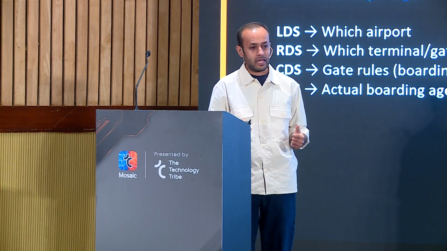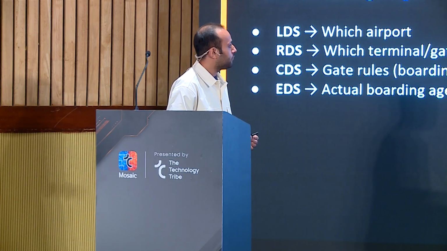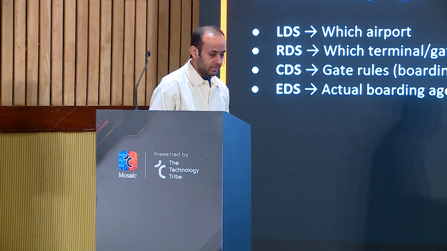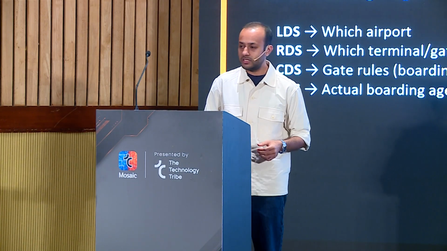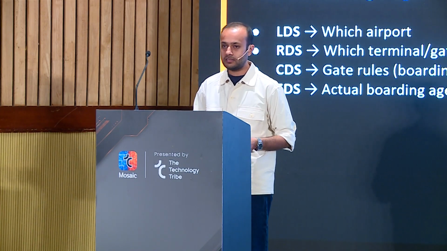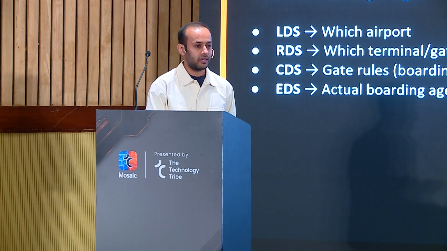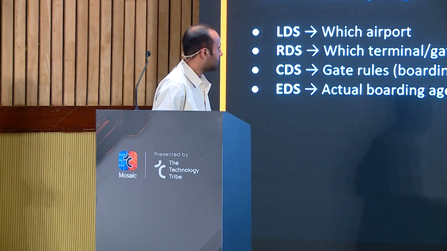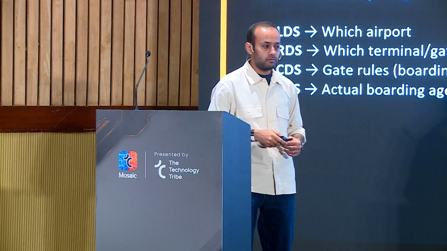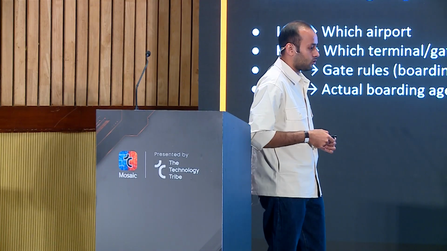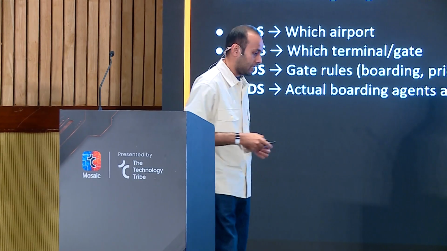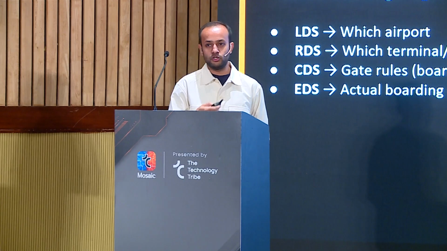And how does this happen? XDS is a protocol and you can break it down into four main components: LDS, RDS, CDS and EDS. If I give an analogy of how it works, let's say you want to board a flight. LDS helps you know which airport you should go to.